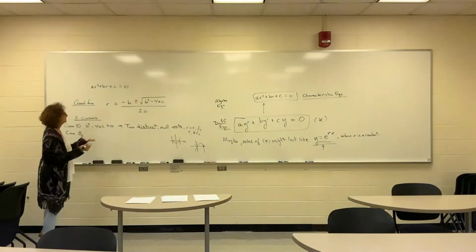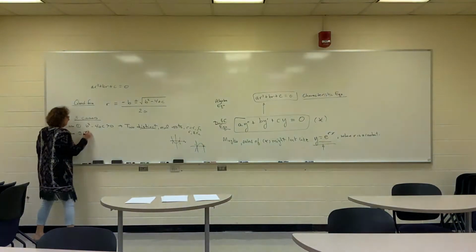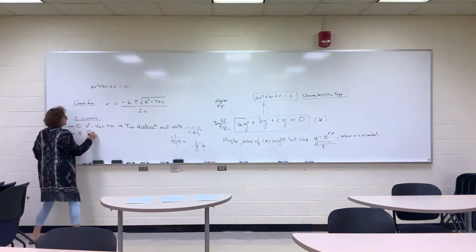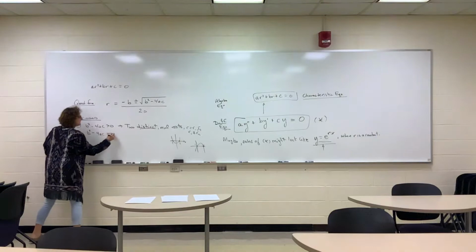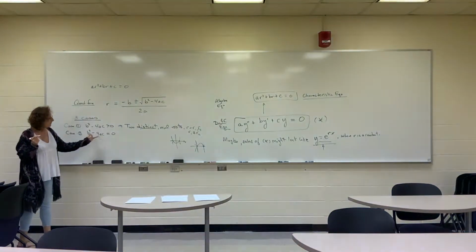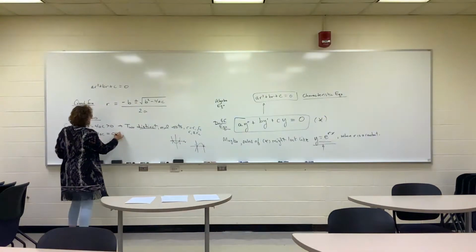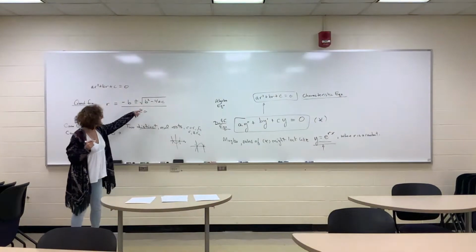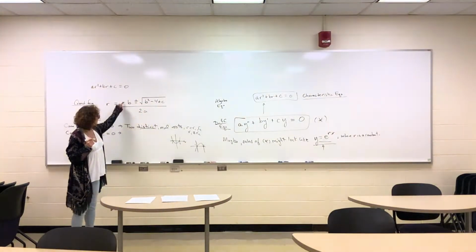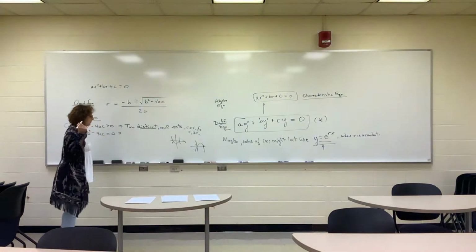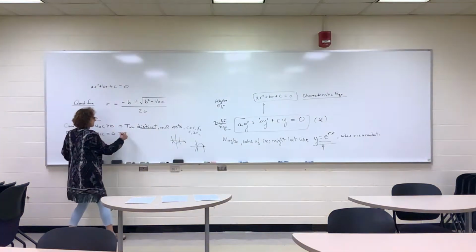What's the next case? Well, let's just take it through its possibilities. What if B squared minus 4AC turned out to be equal to 0? This is the transitioning case. So how many roots do you get out of here if this is 0? The square root of 0 is 0, so there's only one root that comes out. Does that mean we're missing one? What's the deal with the parabola in that case?